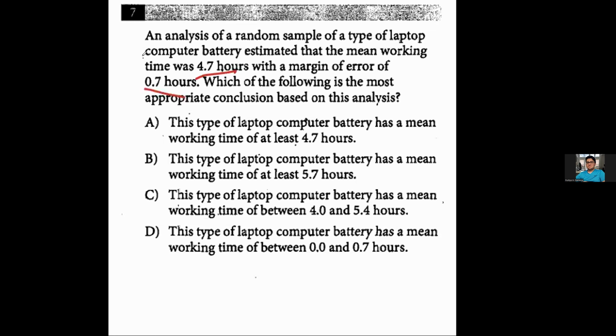Which of the following is the conclusion? Mean of at least 4.7? Well, no, the margin of error means that it could be lower. So the lowest possible value for this would be 4. So no. Mean of 5.7? I don't even know how you get 5.7 because 4.7 plus 0.7 is not 5.7. Mean working time between 4 and 5.4? That is correct because 4.7 minus 0.7 is 4 and 4.7 plus 0.7 is 5.4. So the correct answer is C. And then between 0 and 0.7, no, that's not the mean.